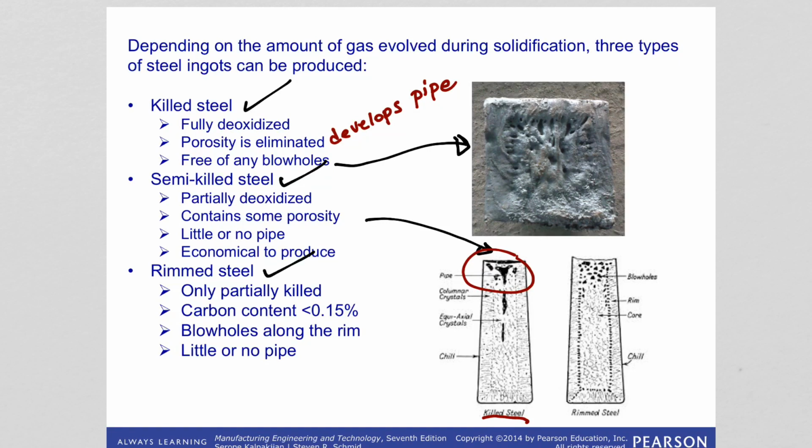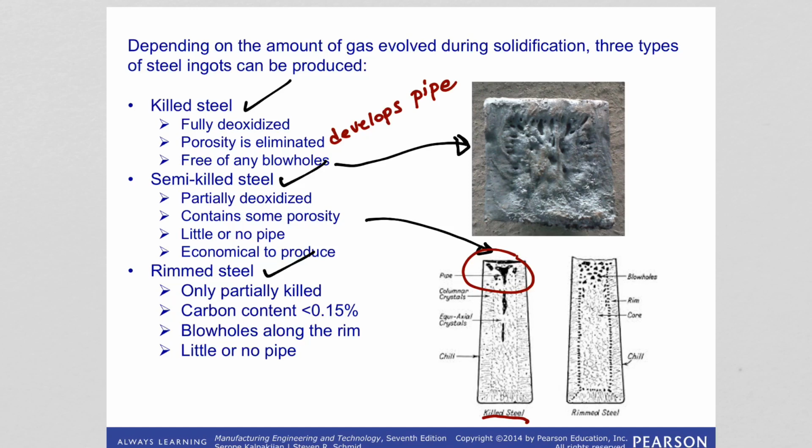So semi-killed steel. As the name implies, here we have a partially deoxidized steel. It contains some porosity, but it doesn't have pipe formation, because basically the piping is offset by the presence of porosity at the upper region.